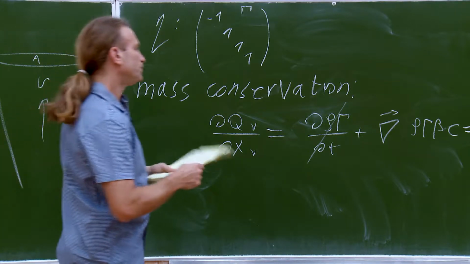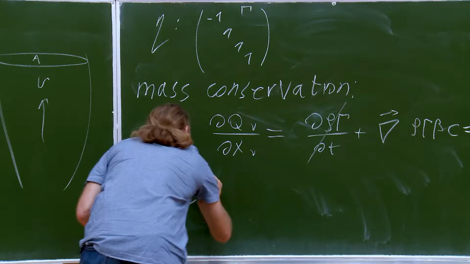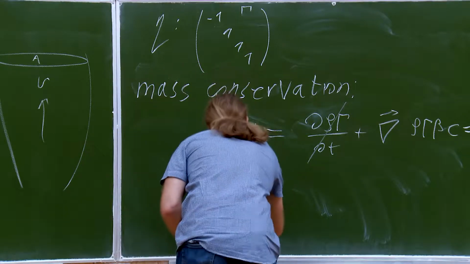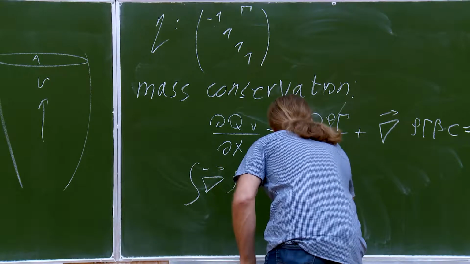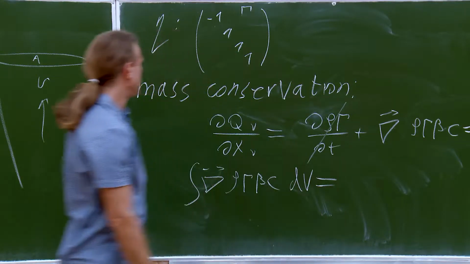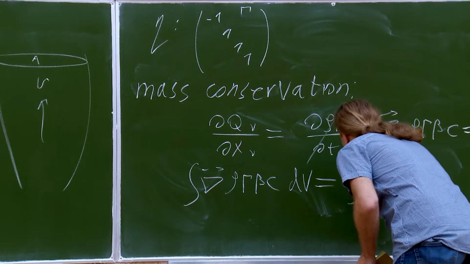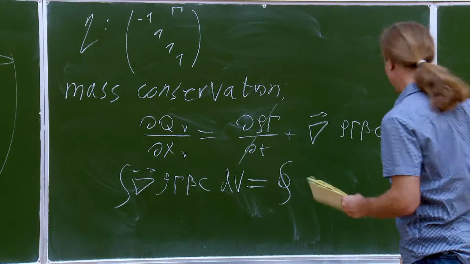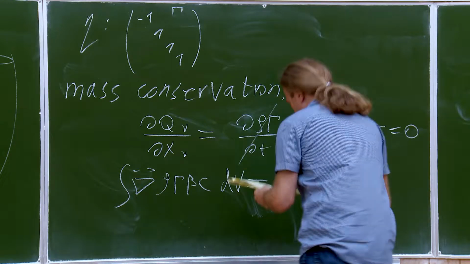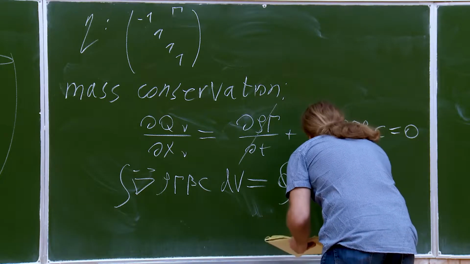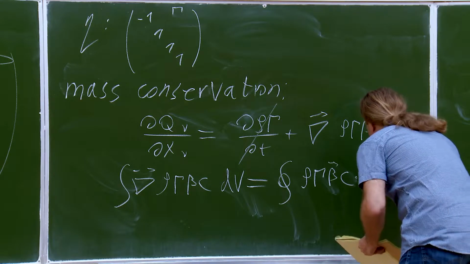So in 2D, if I take the integral of the gradient of ργβc dV, the divergence theorem tells me that I can convert that to the surface integral of ργβc dA.